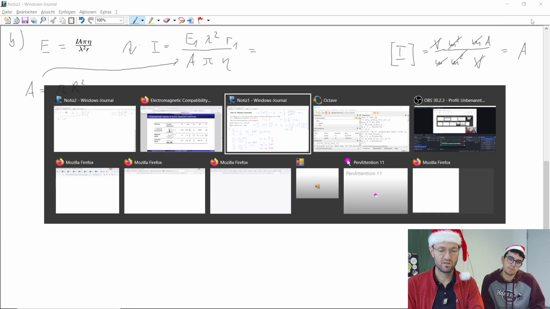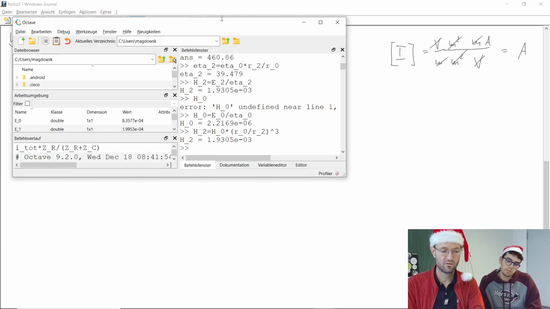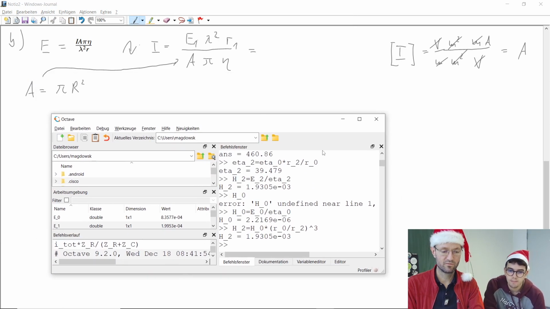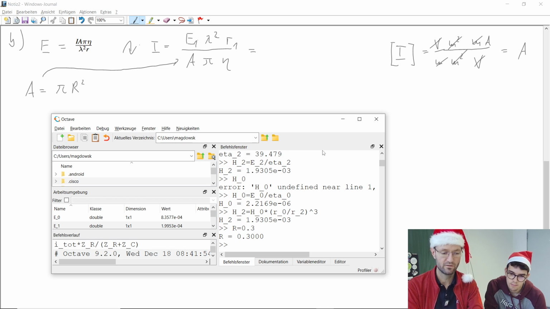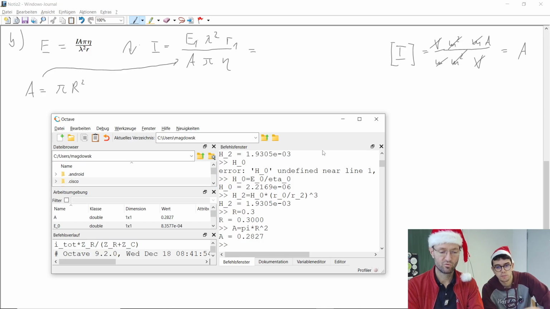Okay, so then back to Octave, move the window a little bit and say, okay, at first maybe calculate this area. For this we need to have the radius, it's 0.3 meter, so the area is pi times radius squared, some 0.28 square meter.